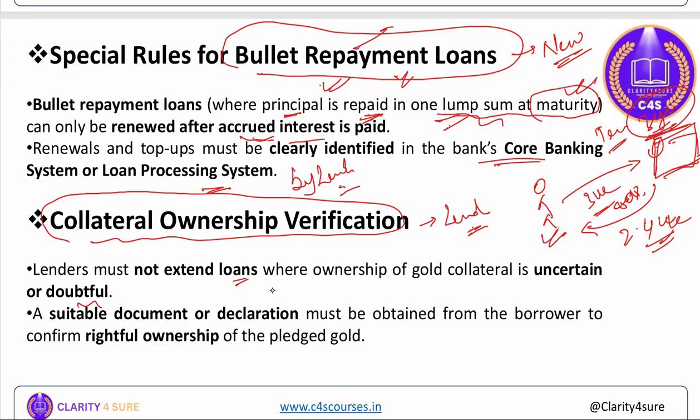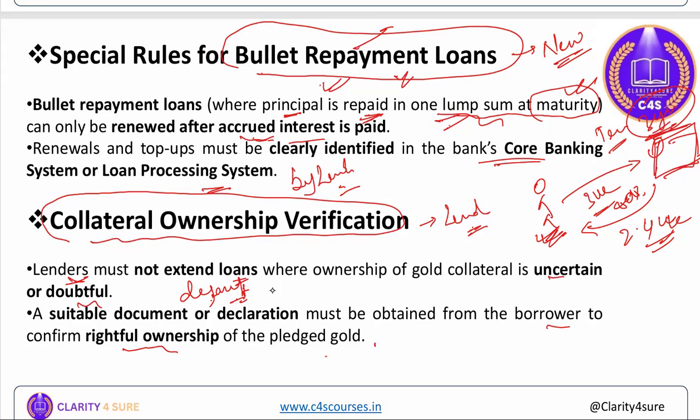If the one who is providing the loan, the borrower, is uncertain or doubtful, then lender should not provide the loans to them, else it will get defaulted. Right? Suitable documents or declaration must be obtained from the borrower to confirm the rightful ownership of pledged gold.